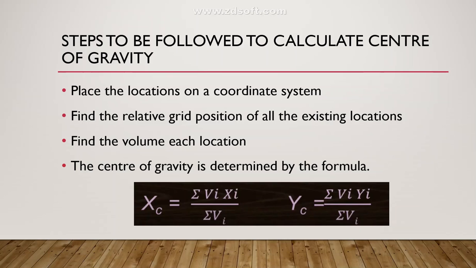Then the y coordinate yc is the summation of vi yi divided by the sum of vi. This is the formula we use to get the center of gravity, or a single location which serves multiple locations.